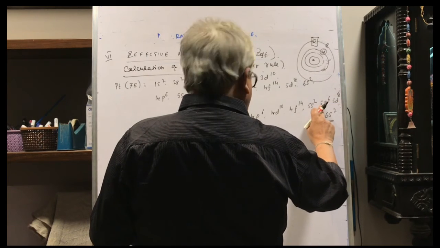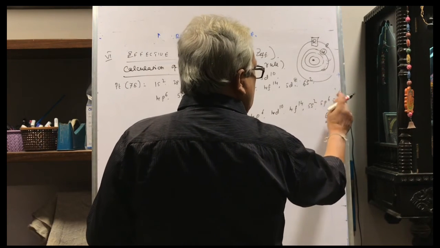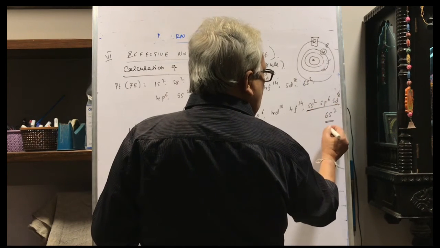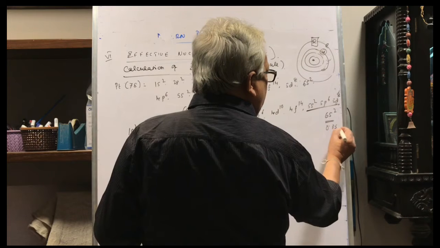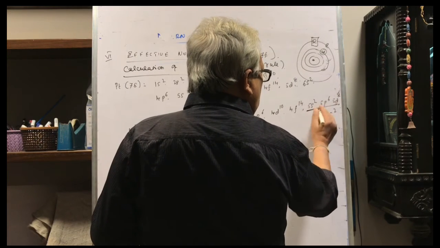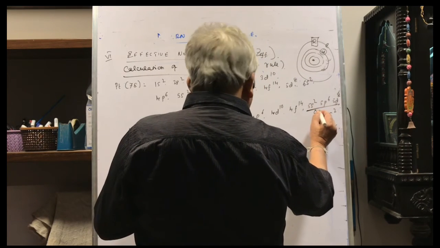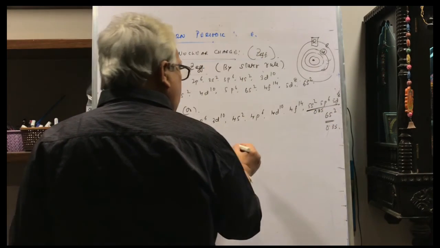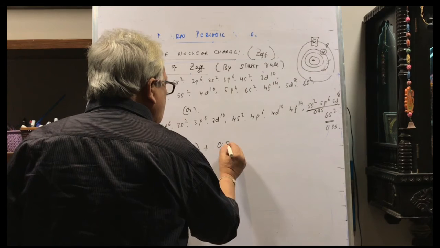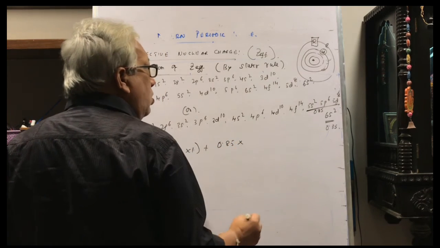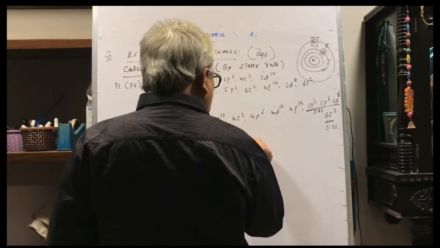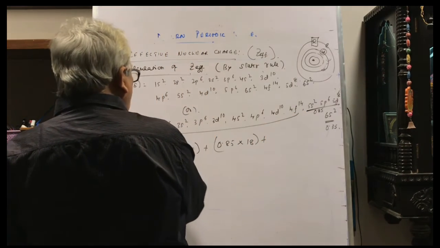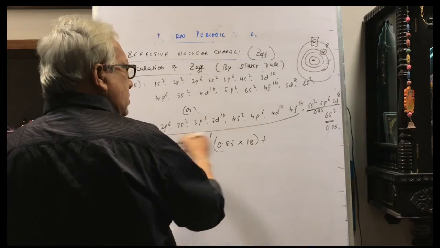So in the previous shell, there are 16 electrons. Here 8 will be contributing 0.35 each, and in the other, each one will be contributing 0.85. So this will be 0.85 into 18. And all the ones inside will be contributing 1 each.